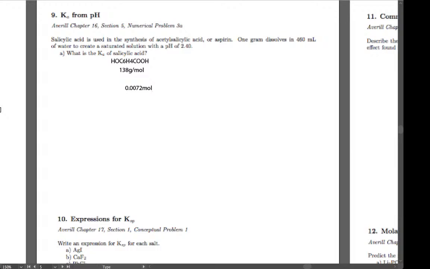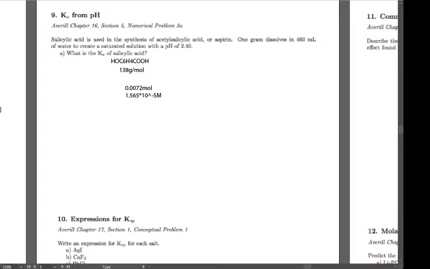There we go, and what you get is 1.565 times 10 to the power of negative 5 molars. That's the concentration of salicylic acid.